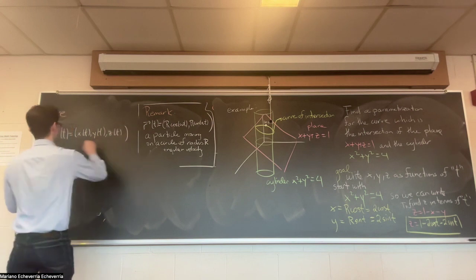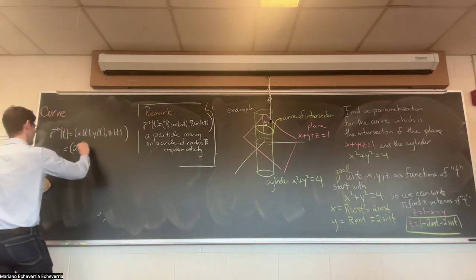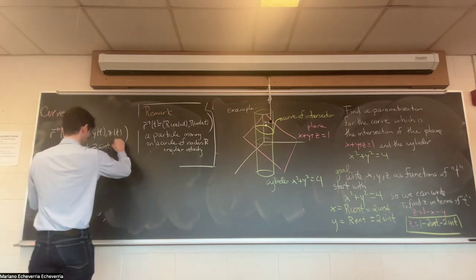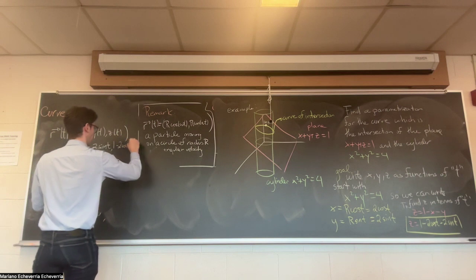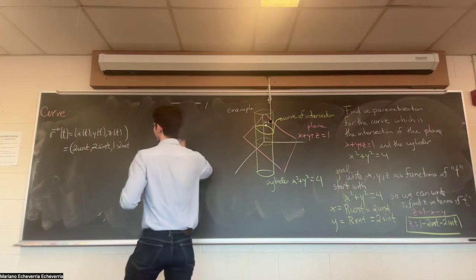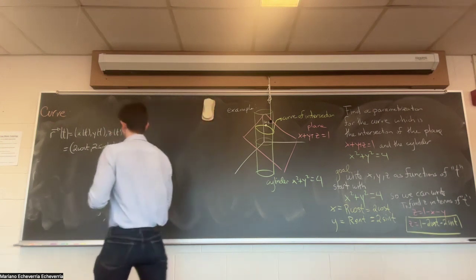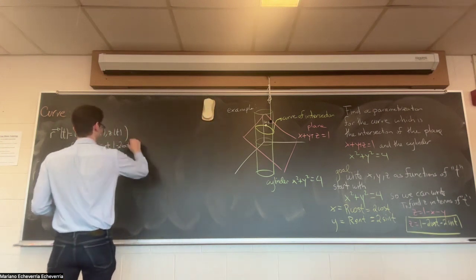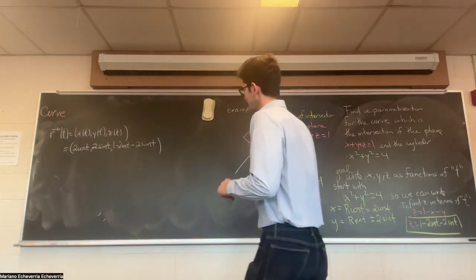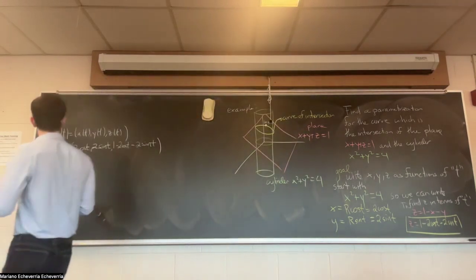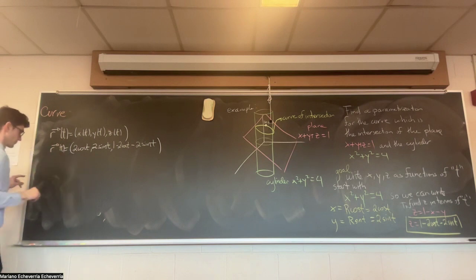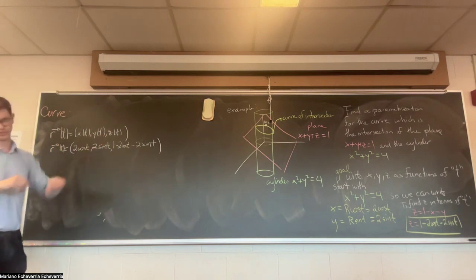But that becomes 2 cosine of t, 2 sine of t, and 1 minus 2 cosine of t minus 2 sine of t. Okay, so this is a parameterization of that curve. This is telling you any point on the curve as a function of time.